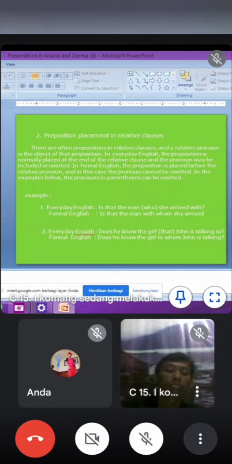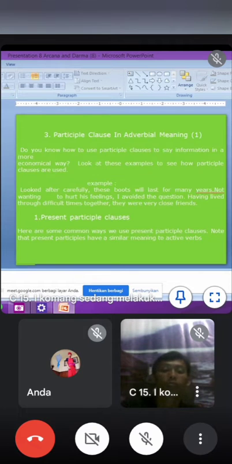The next, participle clauses in adverbial meanings 1. How to use participle clauses to say information in a more economical way.